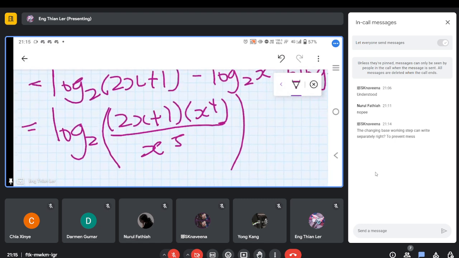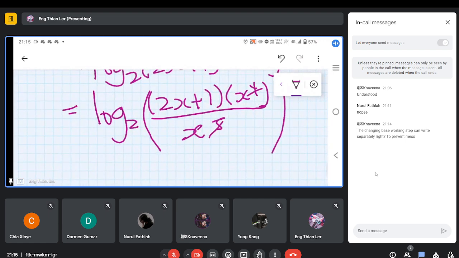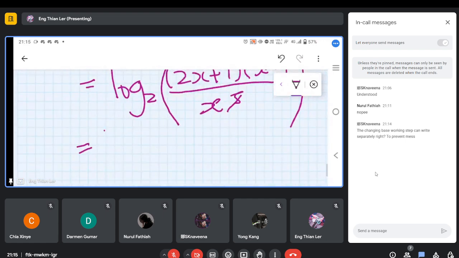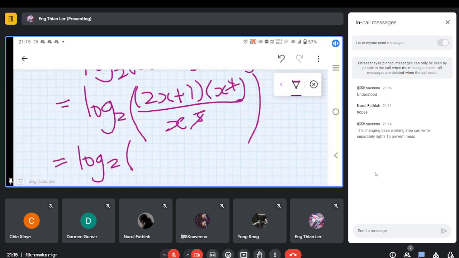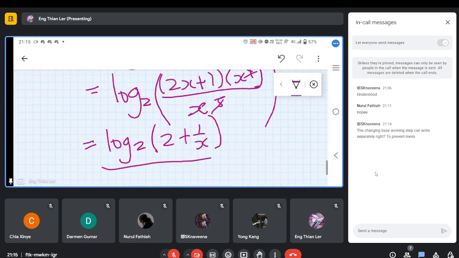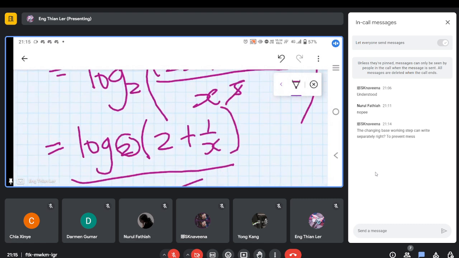So look at this, this cancels, just becomes x. And we need to simplify to the simplest form. So this will be just 2x divided by x is 2, plus 1 over x. And that's it. There's no more simplification. Don't look at this 2 and 2 here. You can do nothing about it.